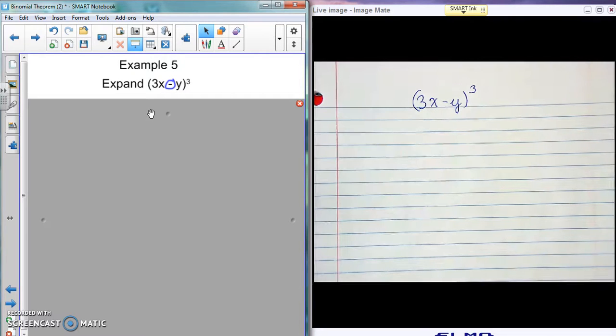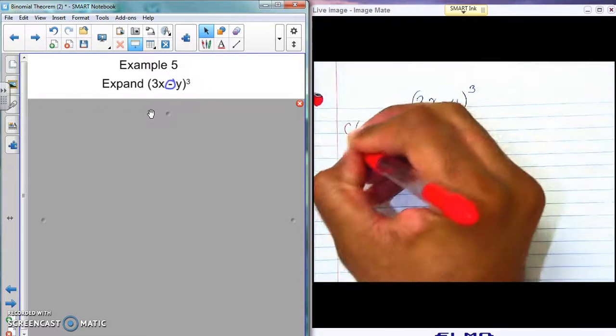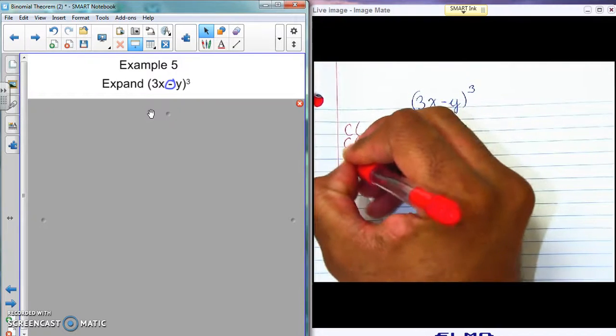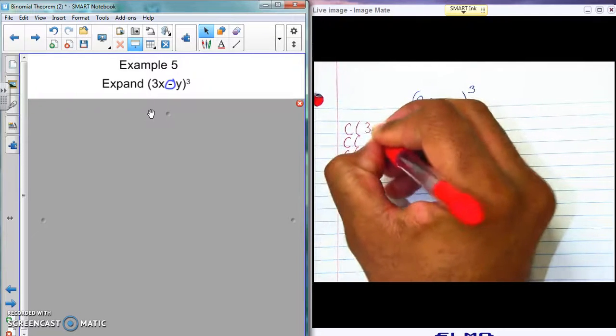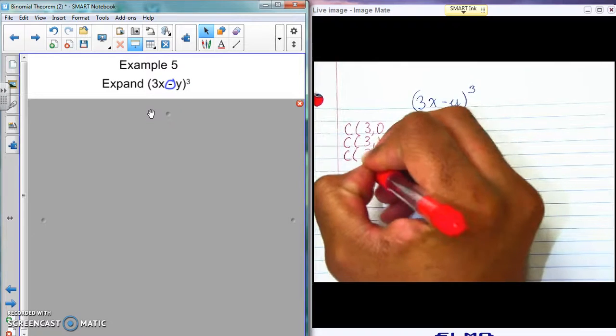All right, again, using our coefficients, and because the numbers aren't huge here, this should be very quick and easy. So we start with 3, 0, 3, 1, 3, 2, and 3, 3.